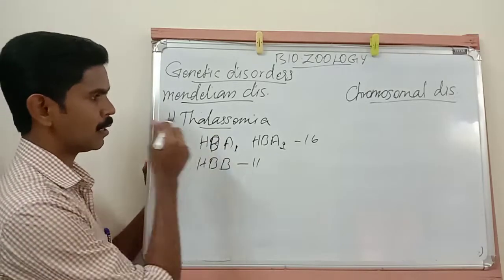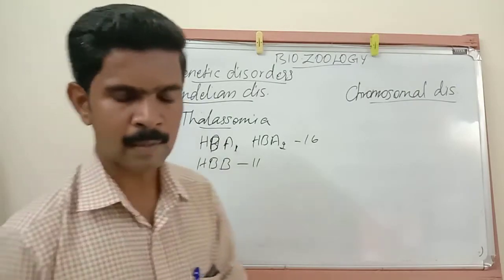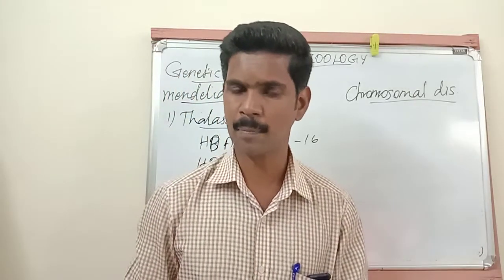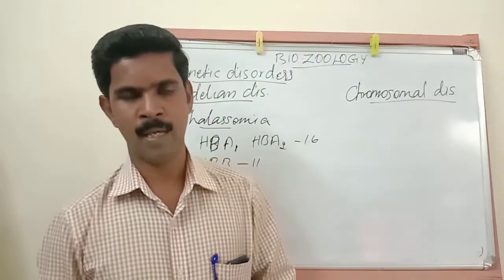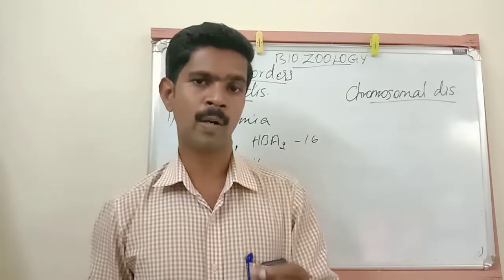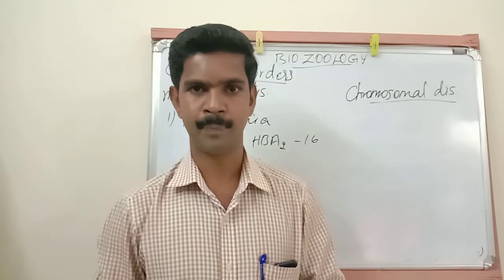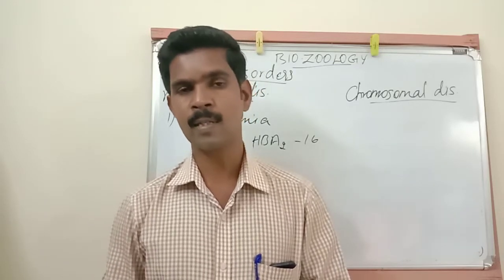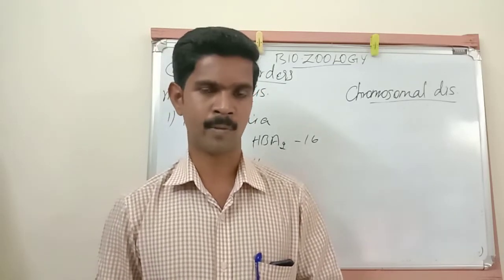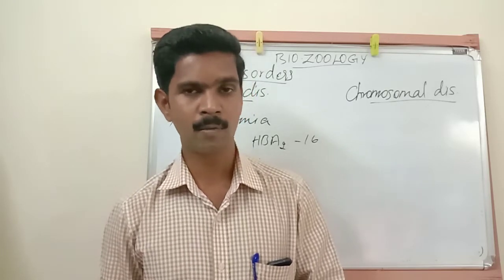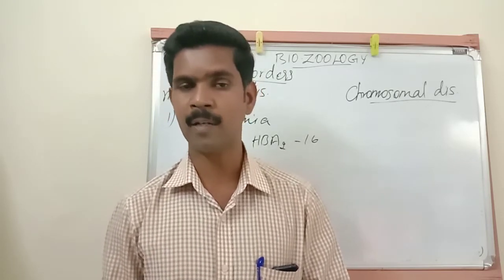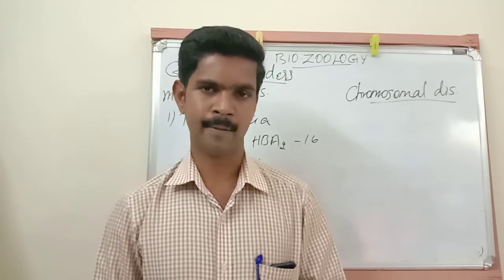So once again, let me repeat all the points about thalassemia. Thalassemia is a disorder affecting the RBCs of human blood, and this disease is due to one recessive gene, an autosomal recessive gene. Normally the genes produce normal hemoglobin molecules, which give the red color to our blood, and their main function is carrying oxygen.